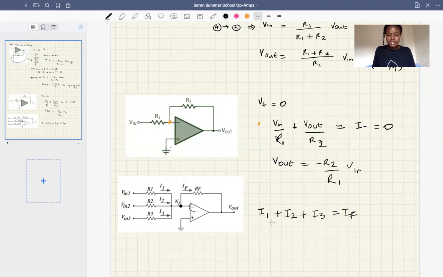Okay, cool. Now that we've got this expression, what can we do next? We know that current is equal to voltage over resistance.